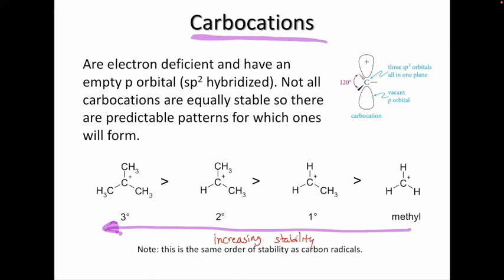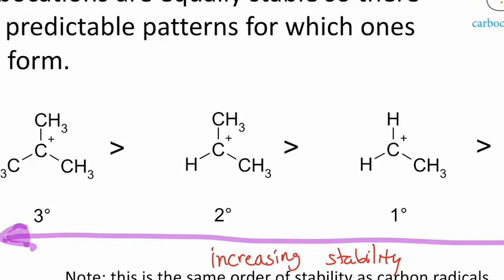Again, this primary, secondary, tertiary designation was something that we talked about in chapter 1. Let's make sure that we can see what's going on here, because this is an important part that we don't want to miss. We call this a secondary carbocation because that central carbon is bound to 2 other carbons. A primary carbocation, that central carbon is just bound to 1 other carbon.